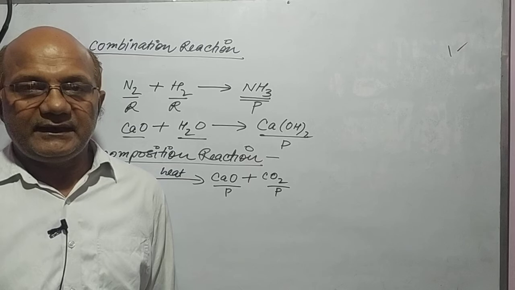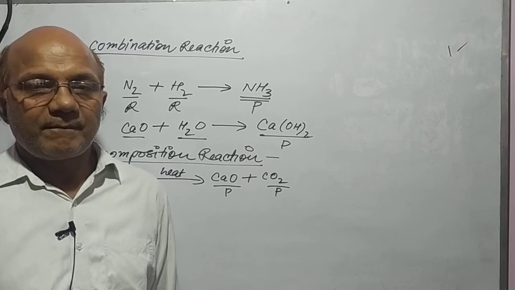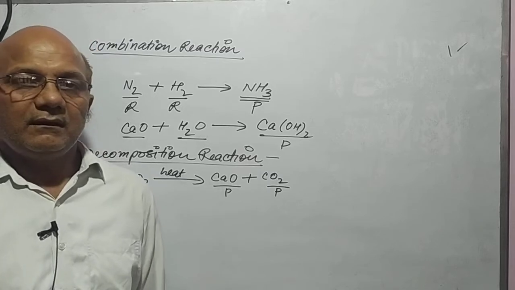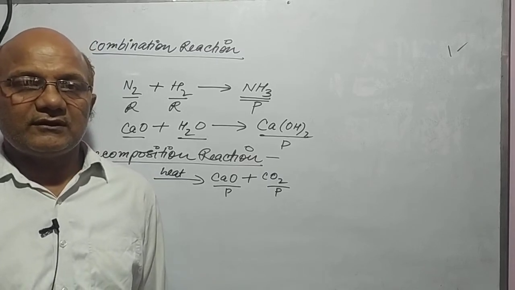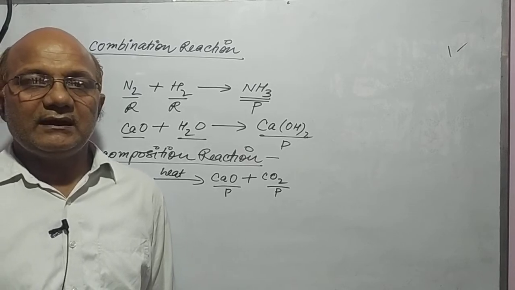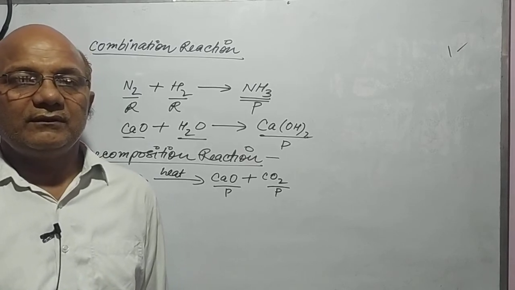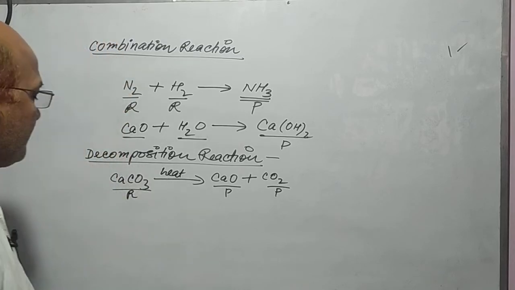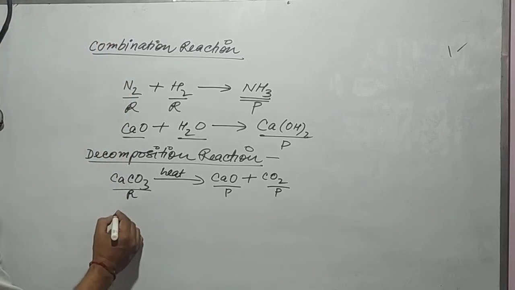When ferrous sulfate is heated in a dry boiling tube, then a reddish brown residue is obtained in the test tube along with the release of sulfur dioxide and sulfur trioxide gases. So we can see this reaction.